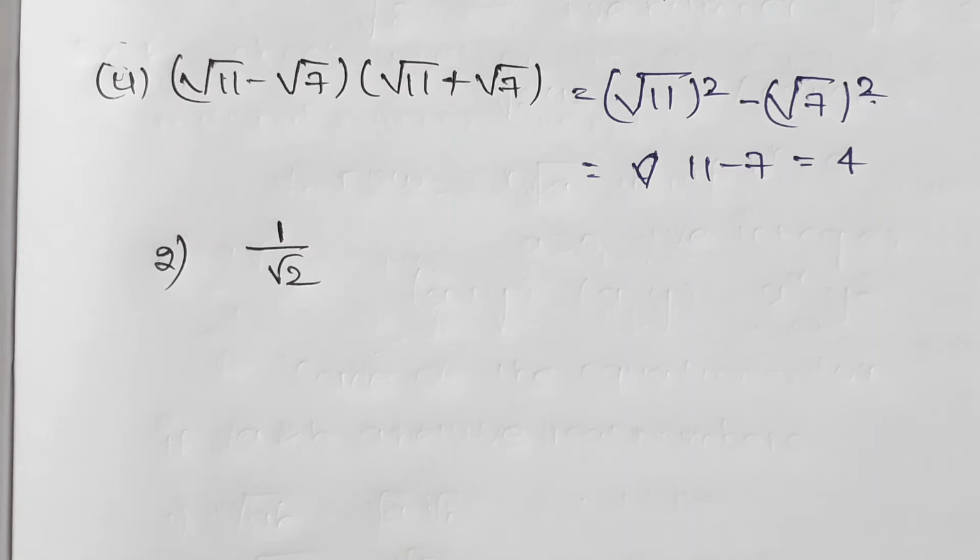So now let us see, we can solve this problem by using rationalizing, that is if we can rationalize the denominator, this will make the given number into a rational number. Now let us see how can we solve this.